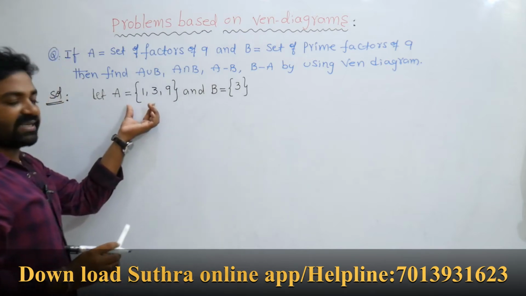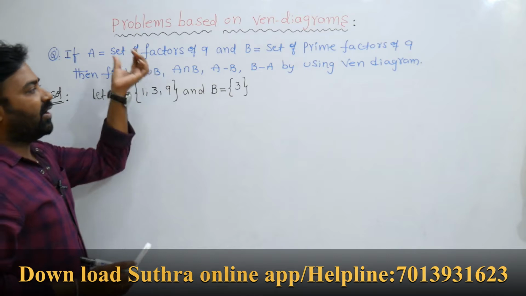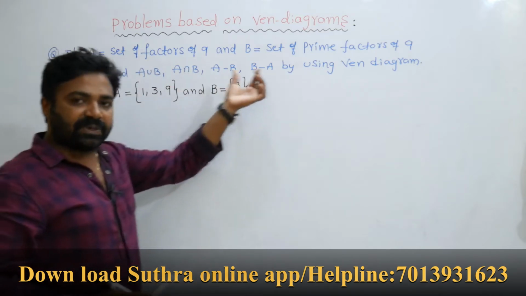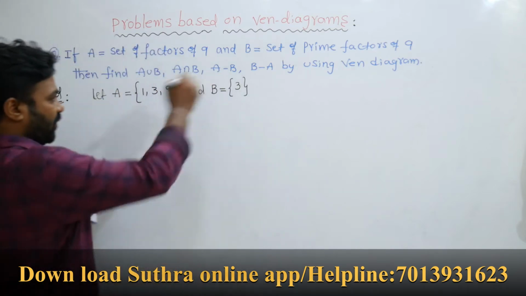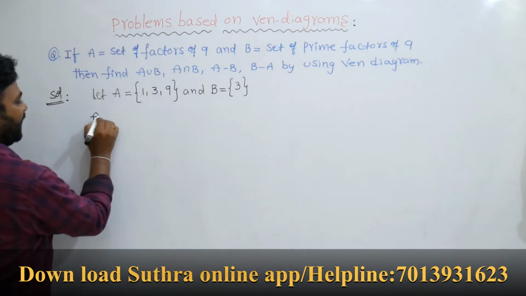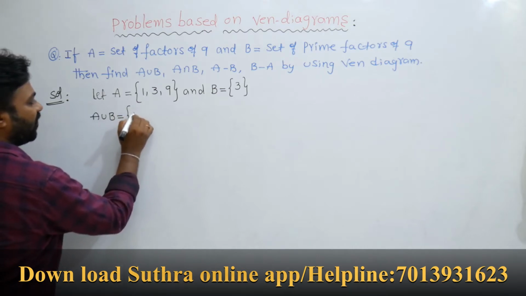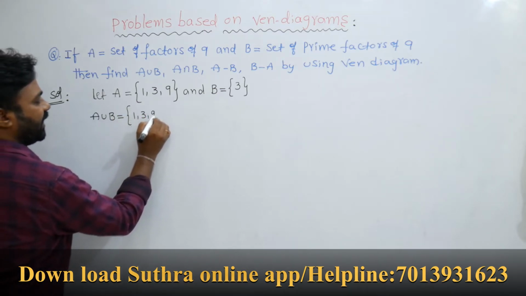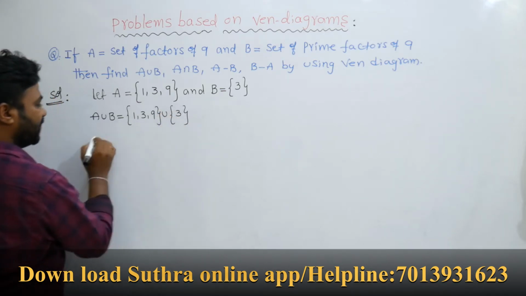Now it is A set, it is B set. Find A union B, A intersection B, A minus B, B minus A by using Venn diagram. First of all, A union B. A union B equals 1, 3, 9 union B set, which is 3.